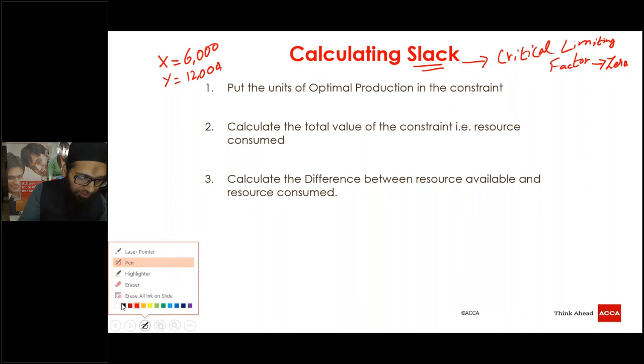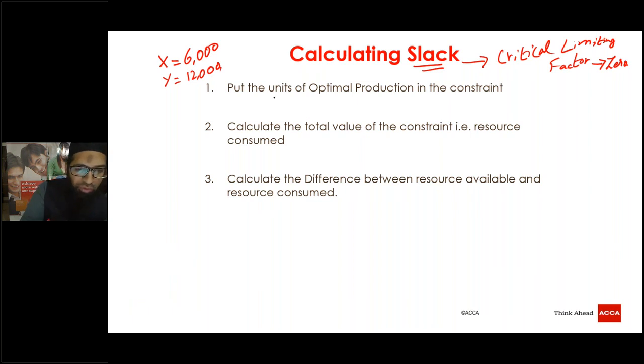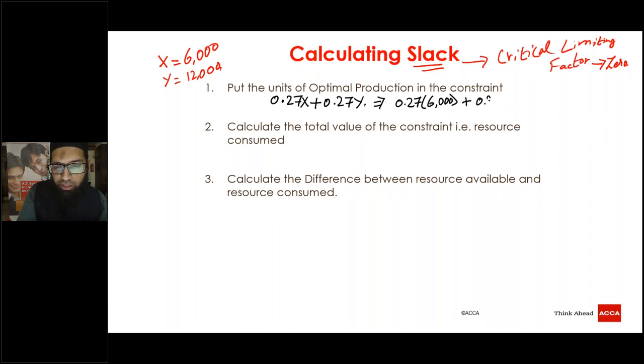Its constraint was 0.27x plus 0.27y, correct? So I put the values: 0.27 into 6,000 plus 0.27 into 12,000. So what would be my answer?